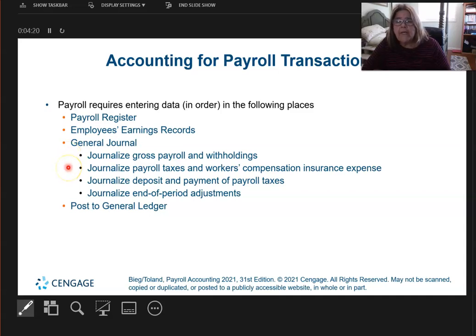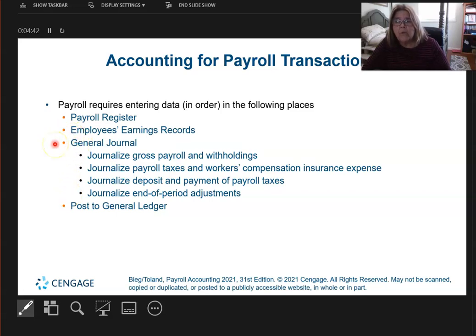Then I have to journalize what my payroll taxes are as an employer. Then I have to pay the government the money that I withheld. The tax withholdings have to be paid to the government agencies, and I have to journalize that. And sometimes I have to make adjustments at the end.